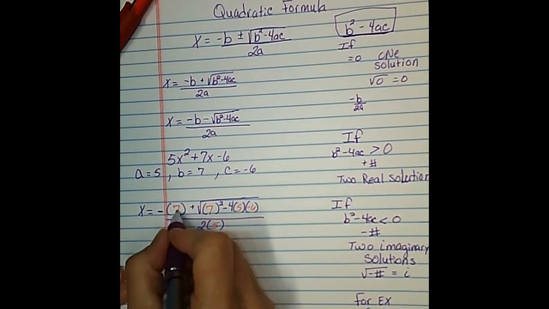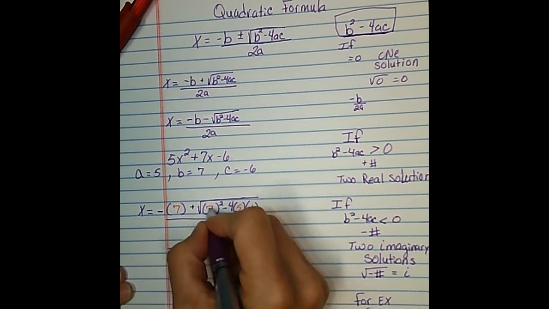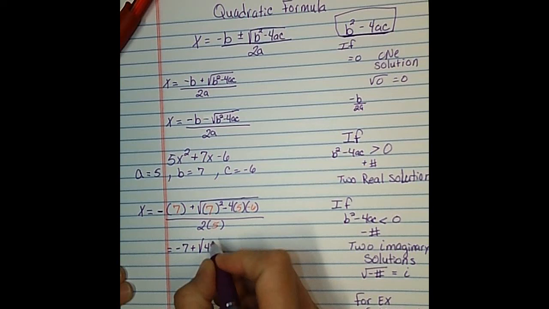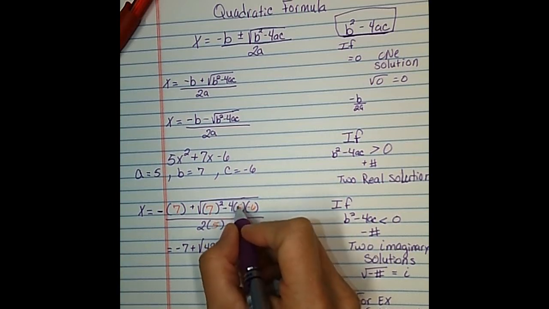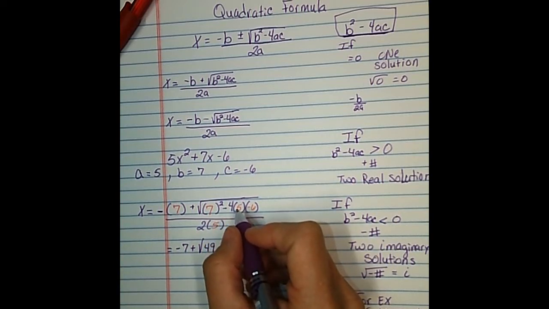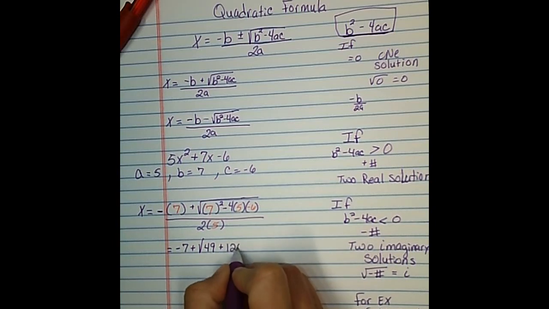Negative times positive is negative. 7 squared is 49. That gives me negative 4 times positive 5, which is negative 20, times negative 6, is a positive 120.